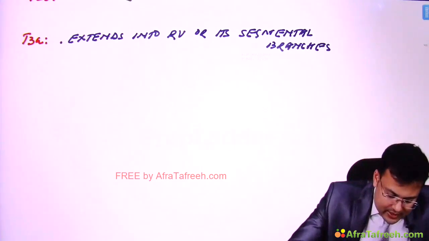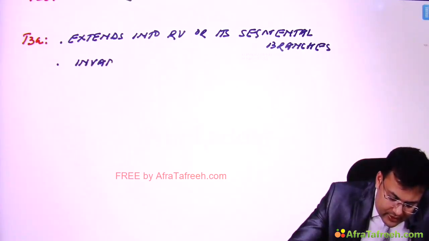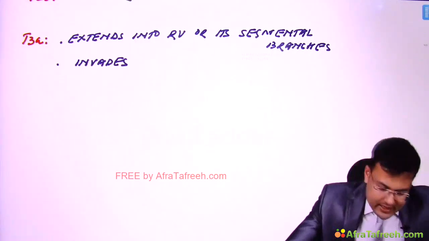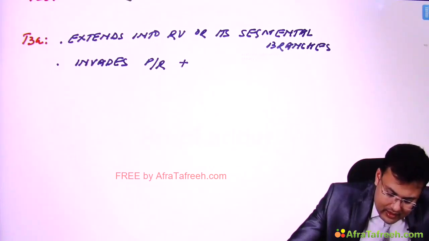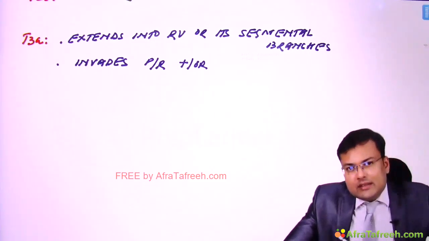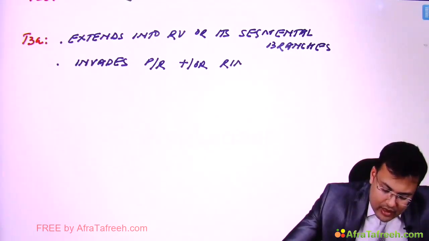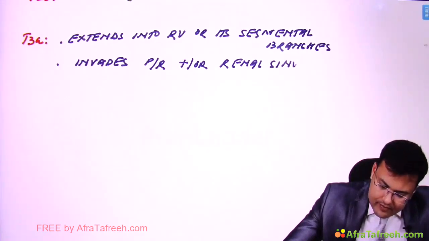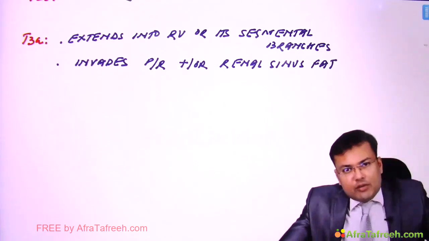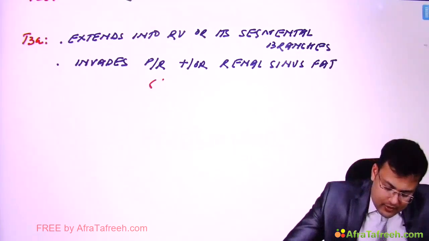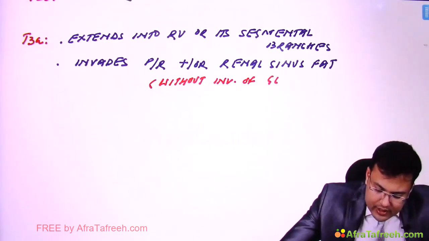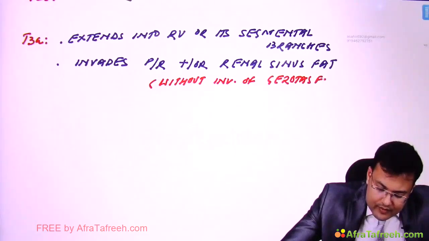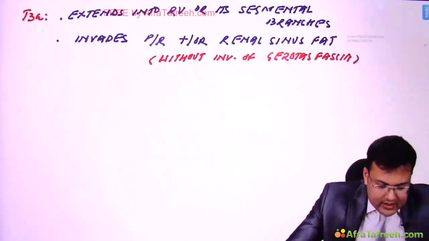And the second component, which is also included in T3A, is if the tumor invades perirenal and or renal sinus tract, without involvement of Gerota's fascia. Clear? So this is T3A.